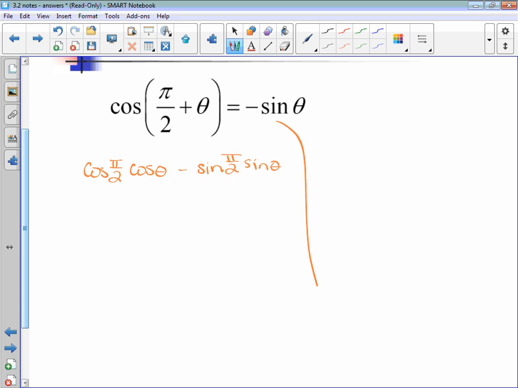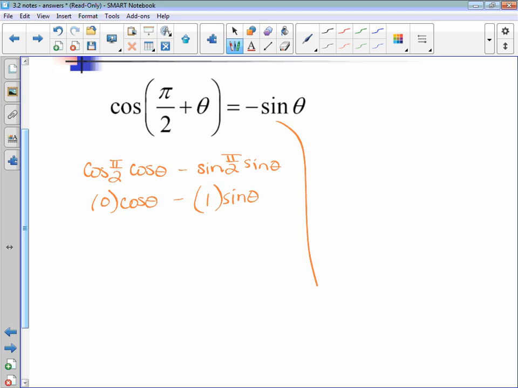Then from here we can evaluate some things. So what is the cosine of pi over 2? What did you say? Is it 1 or is it 0? It is 0. So I've got 0 times cosine of theta minus, what is the sine of pi over 2? 1 times sine of theta.